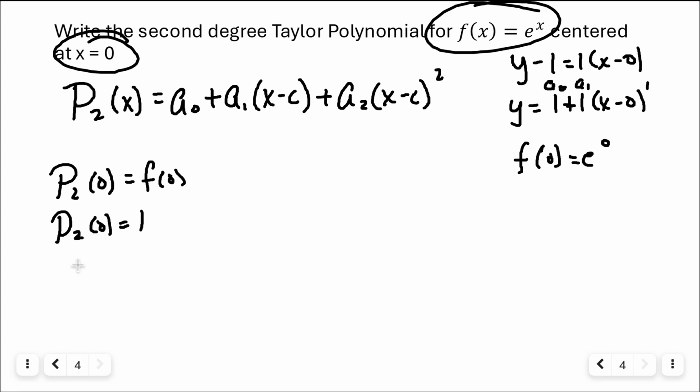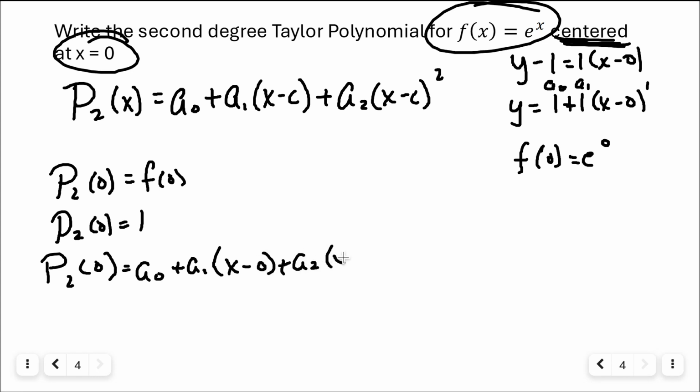So now we're going to have 1 is equal to a sub 0. Oh, hold on. Let's go back here for a second. Let's put a step here in the middle that I think will help people. So p sub 2 of x is equal to a0 plus a1 times x minus 0, since this thing is centered at 0, plus a2 times x minus 0 squared.